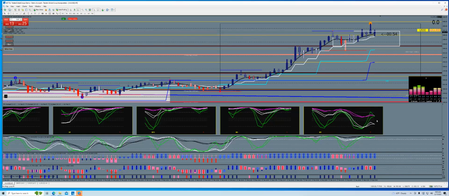Okay, now we're starting to get a possible continuation trade, but the 5 minute is not playing ball yet. But 1 minute wise, let's see if we can get a nice little push down and finish the 15 minutes strong to the downside.